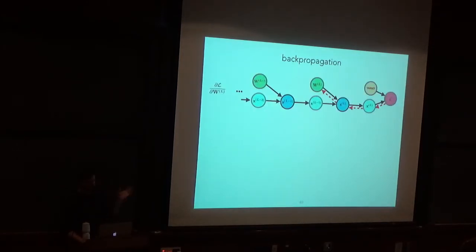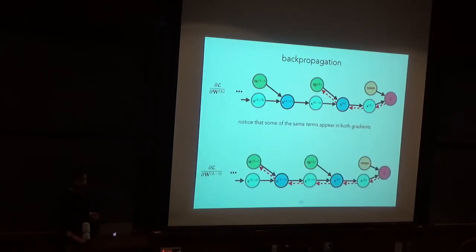So if you're an astute observer, you'll see that some of the same terms appear in both gradients. Specifically, we have this term dL/dS_l, the derivative of the loss with respect to each of the sums that we calculate as we go through in reverse order.